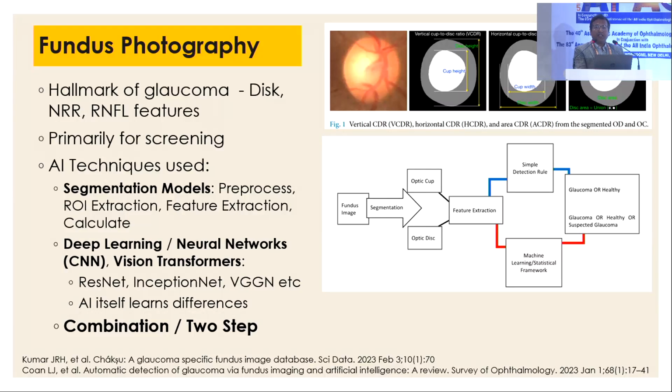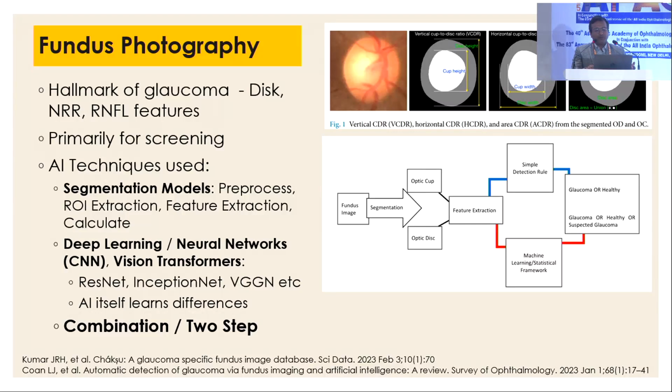Now, the AI techniques which have been used for fundus photography have evolved over time. The initial approaches were based on segmentation, wherein you are basically saying, okay, on this image, here is the disc, here is the cup, here is the disc outline, these are the notches, these are the features present on this disc.